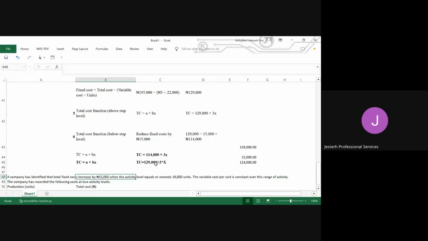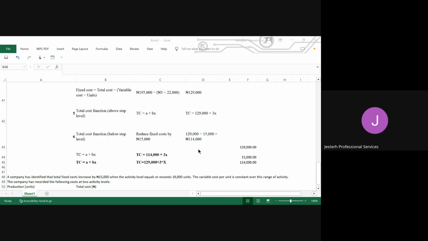The purpose is to come up with the cost function to help an organization analyze and forecast their costs. With that is why we are preparing all these things. That is why we are using the high and low method, so that at the end of all these things, we will be able to come up with a very significant cost reduction for the organization.